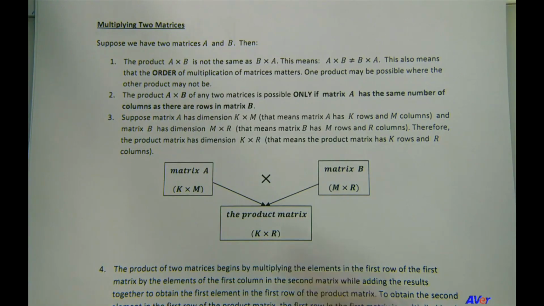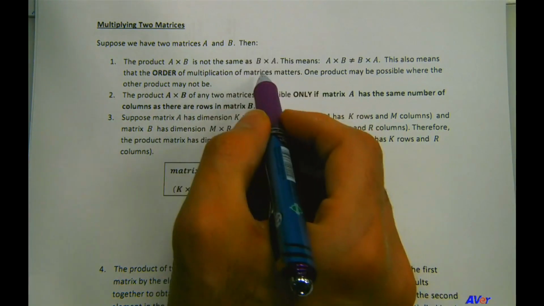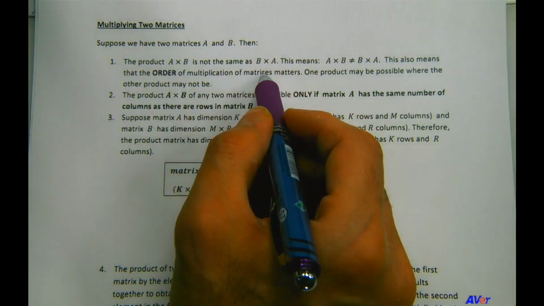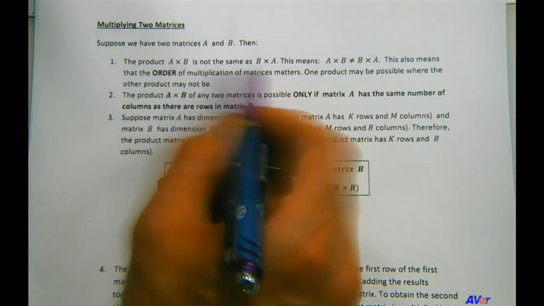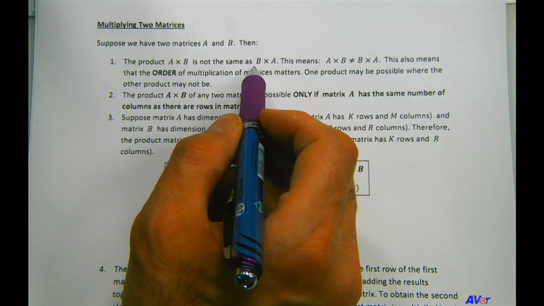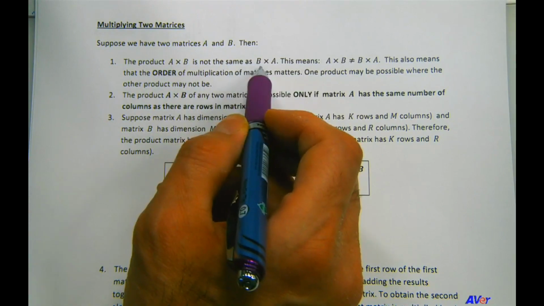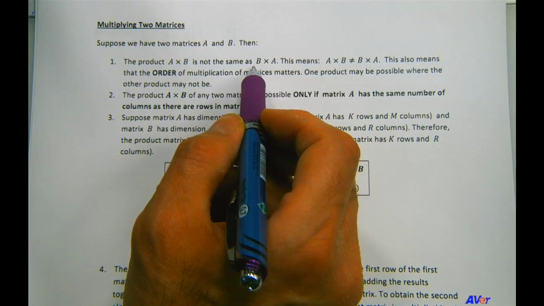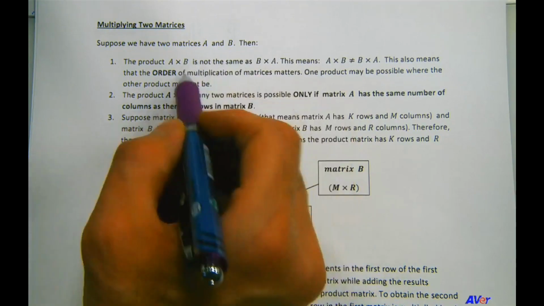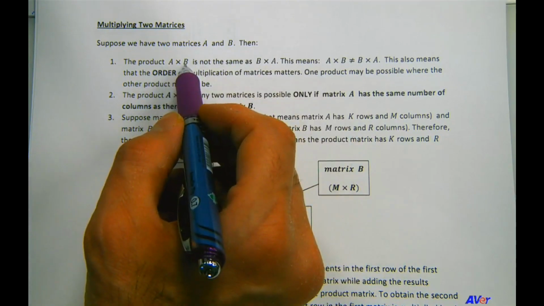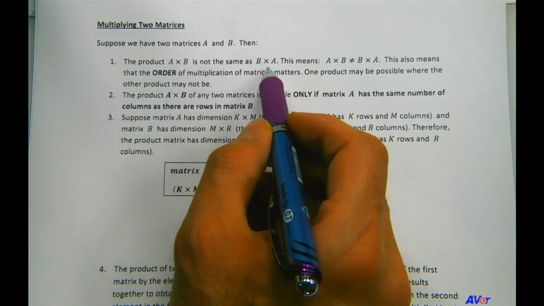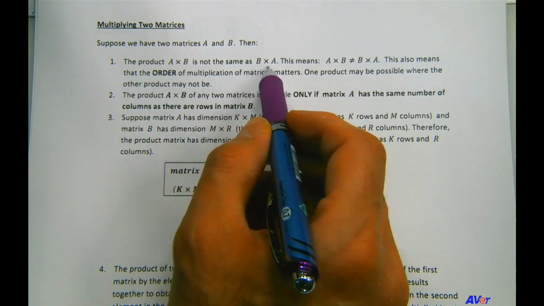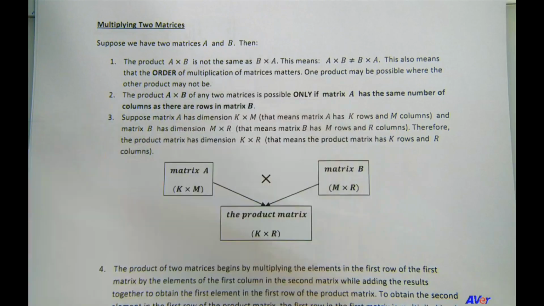In the vast majority of cases, probably 99%, when we multiply matrices, the order of multiplication does change the result of the product. In fact, it can be that A times B is possible, but B times A, multiplying matrices in that order, is not possible. Okay, so that's even possible.